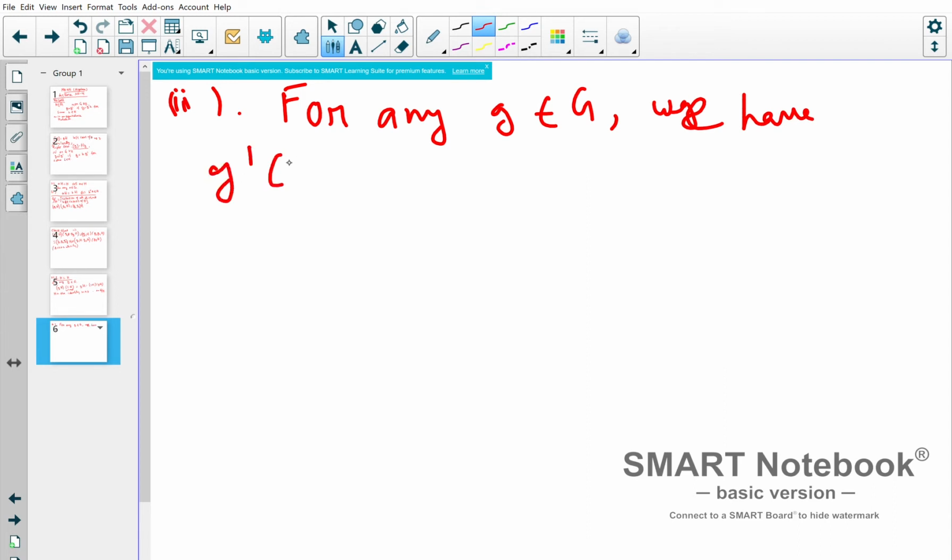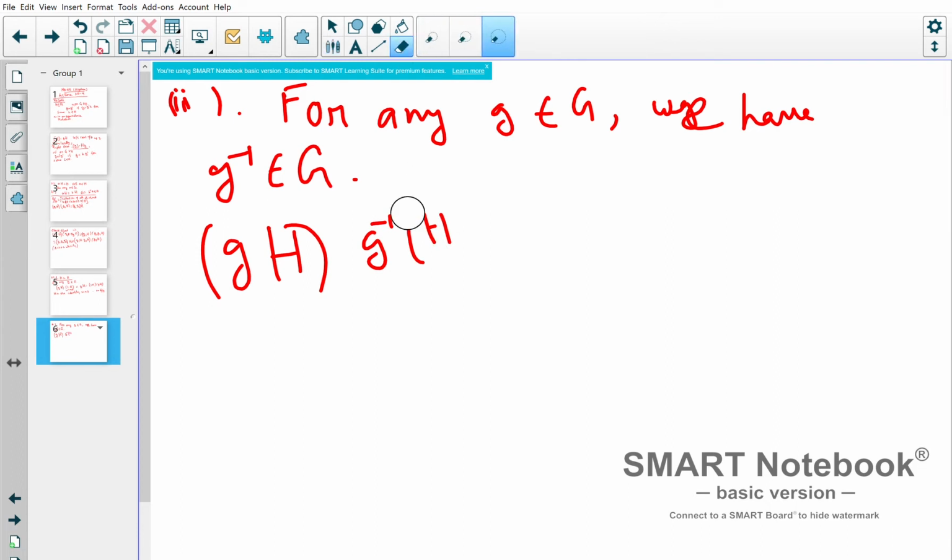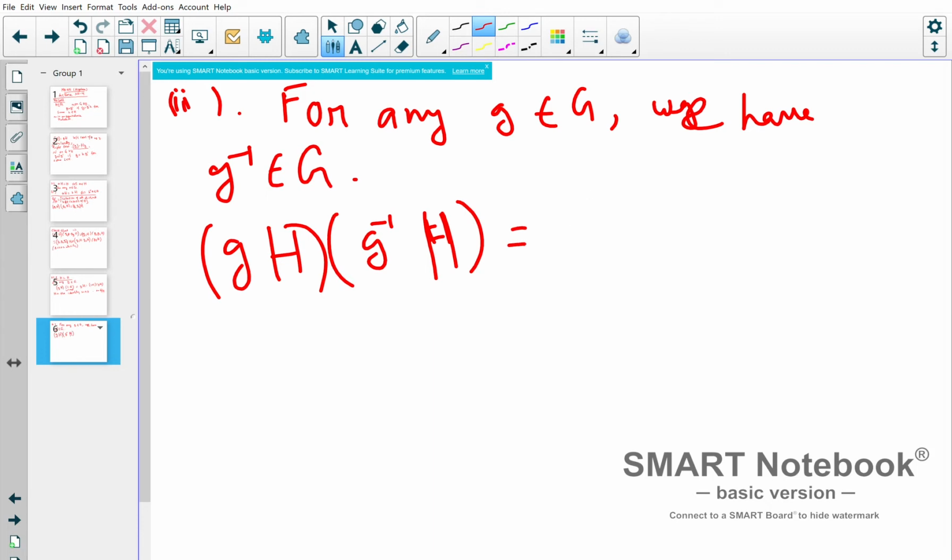G inverse also belongs to G, sorry, G inverse belongs to G, so you can write down GH into G inverse H, and this is the same as H is the same as G inverse H of GH.